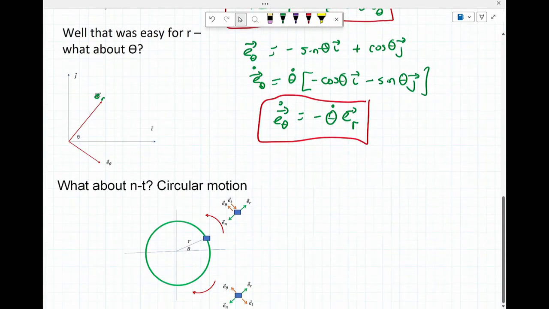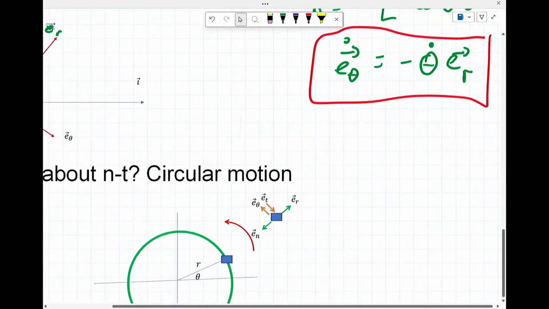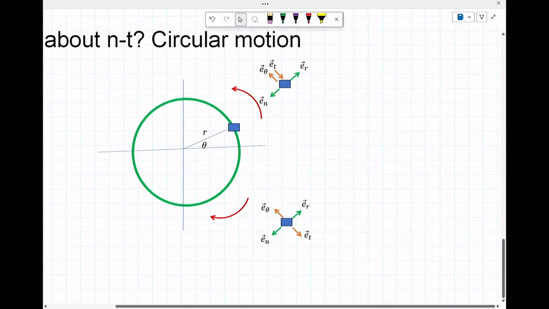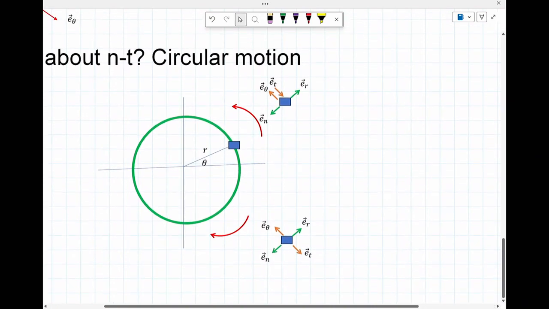So we've been talking a lot about xy coordinates, and to be honest, we spend a great deal of time looking at xy coordinates. But one of the things that's useful is to recognize some of the differences if you have an NT system versus an R theta system.